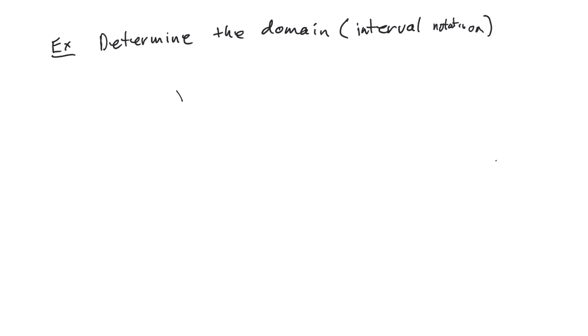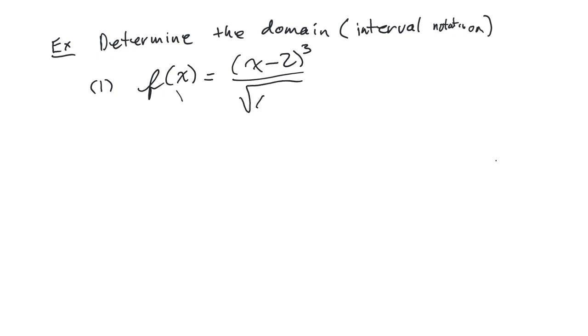Now, one of the types of functions that you'll see is something like this. Let's say I have f of x is equal to (x minus 2) cubed over the square root of (x minus 4). Now, the domain is what values of x make this thing possible, right?